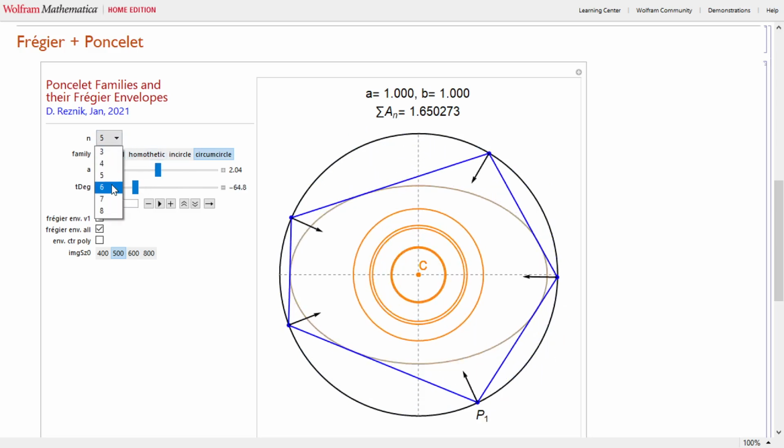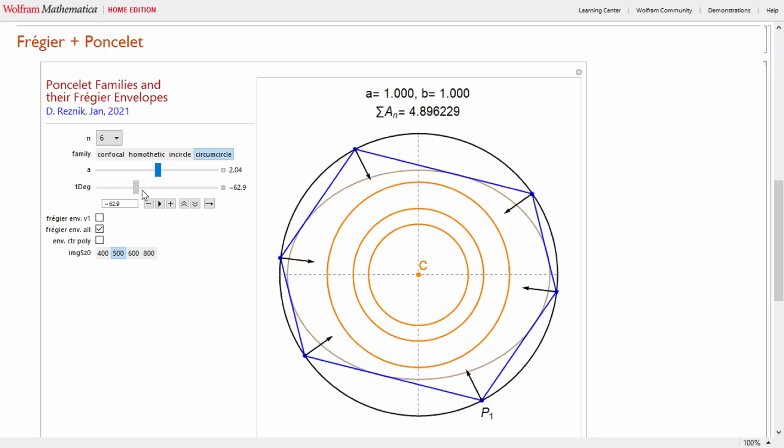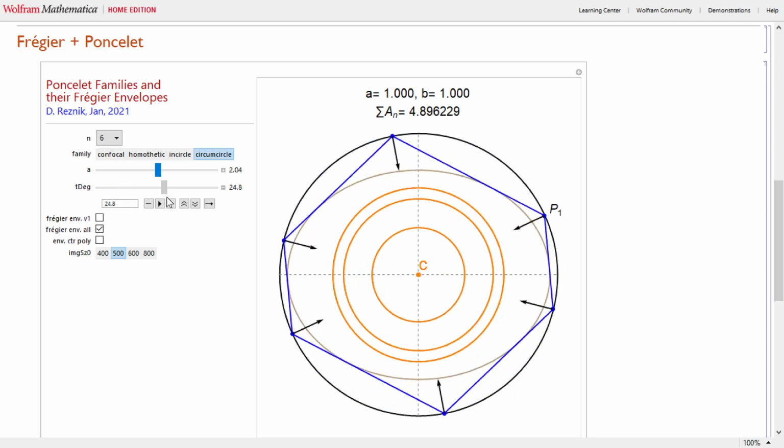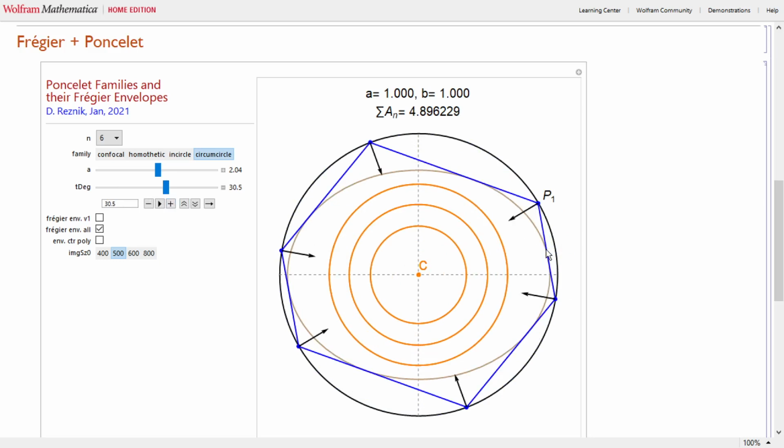And then let's go for n equals 6. And you can see here also that the sum is invariant, and now there's something really cool happening. Since there's symmetry on this particular n, n equals 6 has the following kind of symmetry. This vertex is diametrically opposite to this other vertex, so they're both going to sweep the exact same circular envelope.